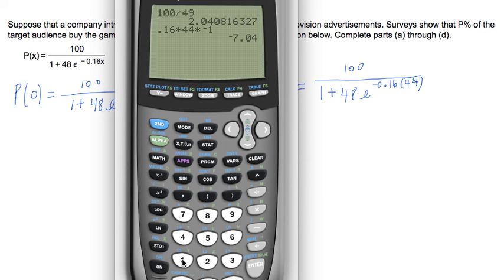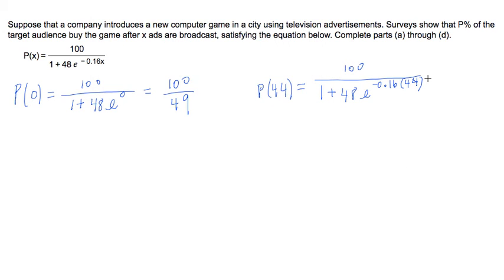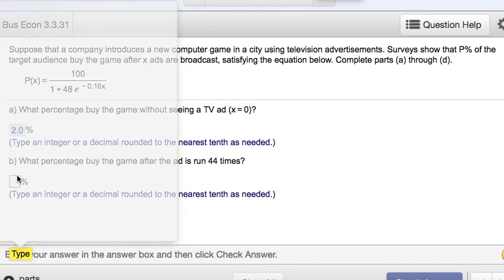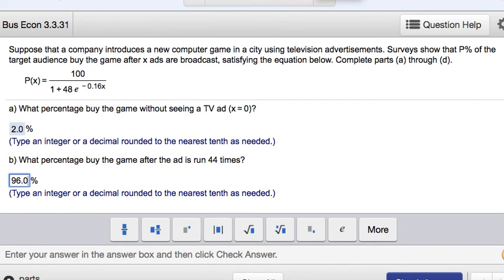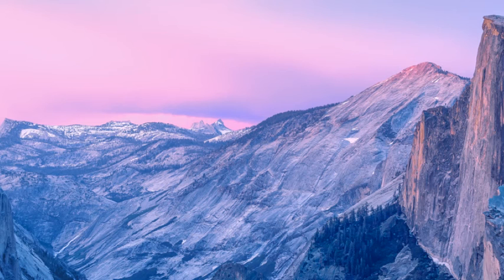So I want to do 100 divided by 1 plus 48 times e to the power of what I just got. The answer is about 95.96. Rounding, that would round up to 96.0. Huge percentage.